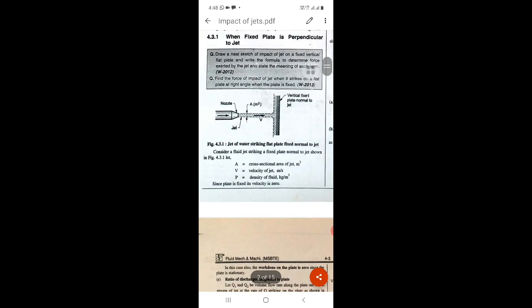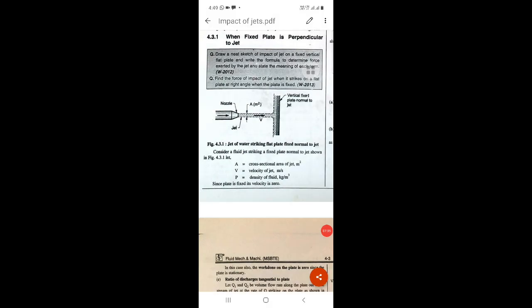Let's consider a jet from a nozzle of diameter d. Whenever the jet flows and impacts the flat vertical plate, the jet of water strikes the flat plate normal to the jet.